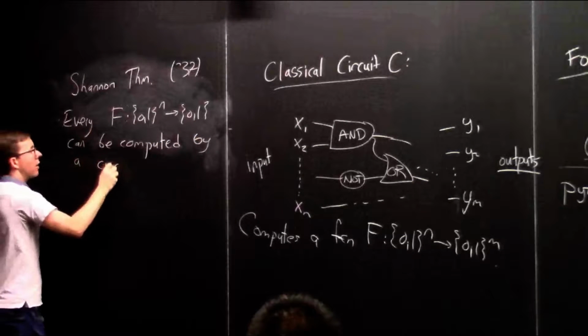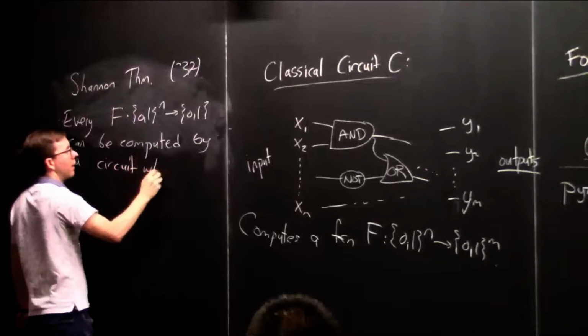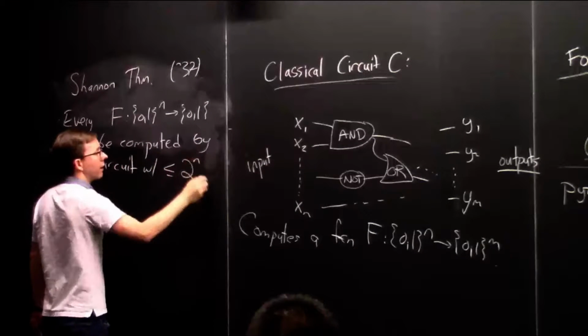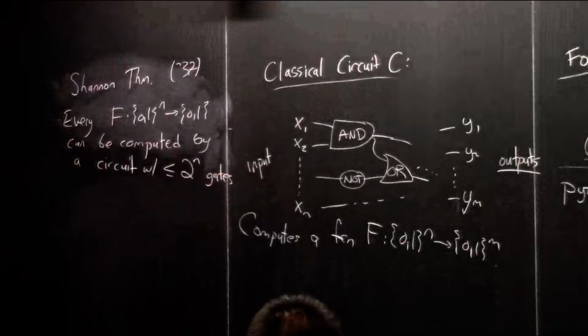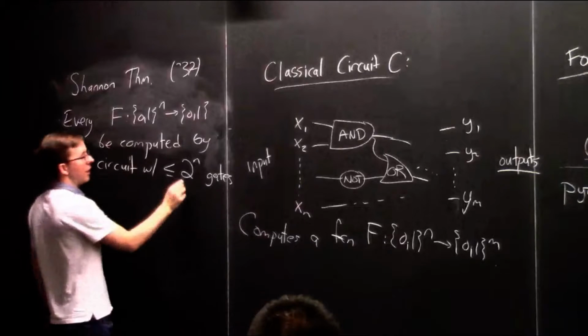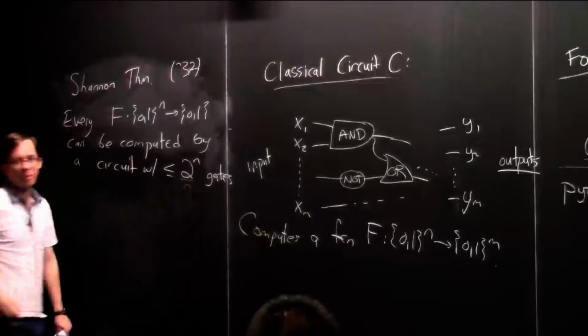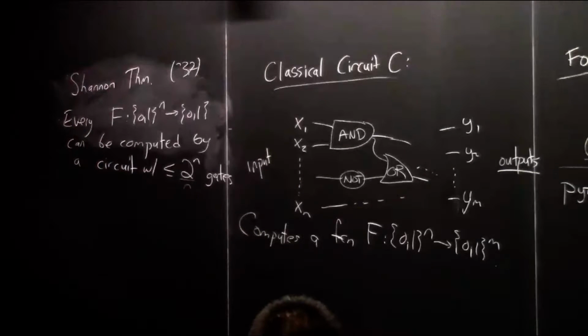And the number of gates needed is at most 2 to the n. In fact, if you're super smart, which Shannon was, you can even get this to be divided by n. That's not a very big savings, though.